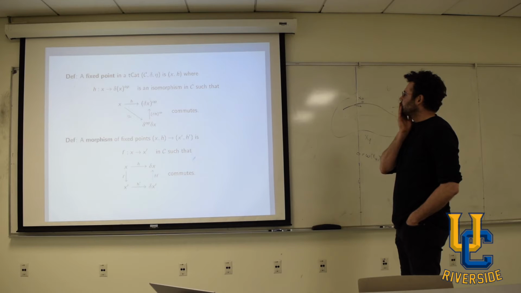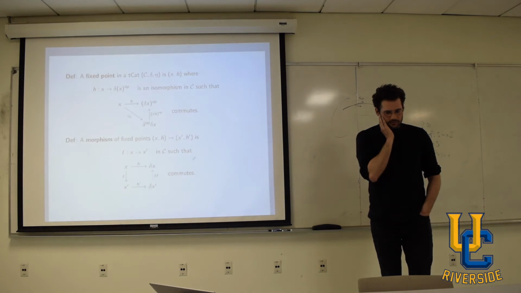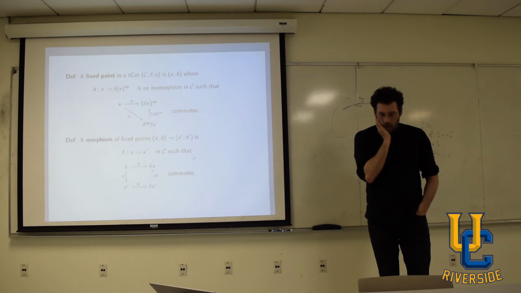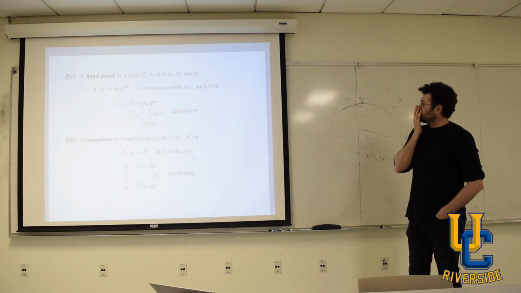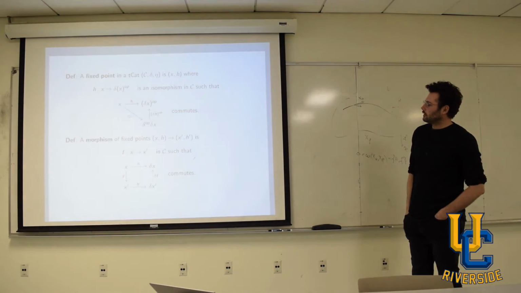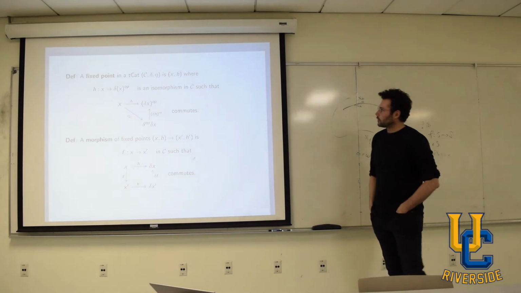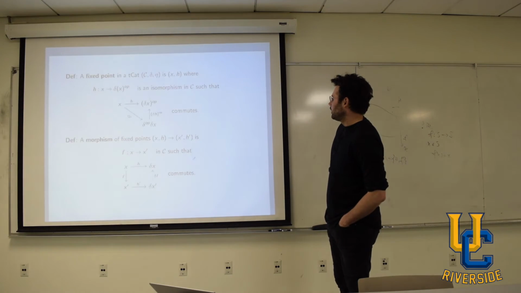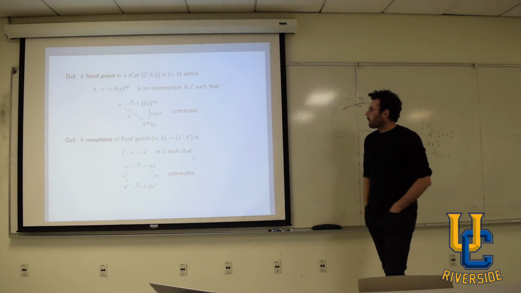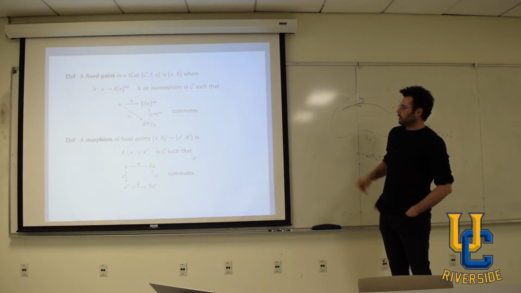Yeah, so fixed points, I was going to say something else, but I don't remember. Oh, that for now, requiring that H is an isomorphism is what we want, but I think a lot of this stuff also works if we weaken it to just having a morphism. So the notion of a morphism between fixed points is fairly straightforward.